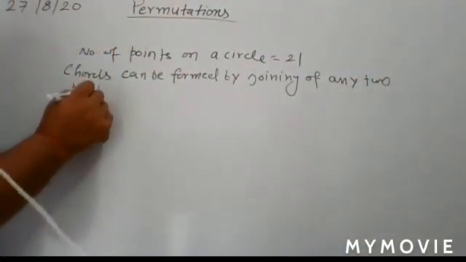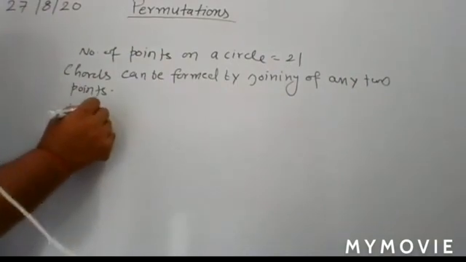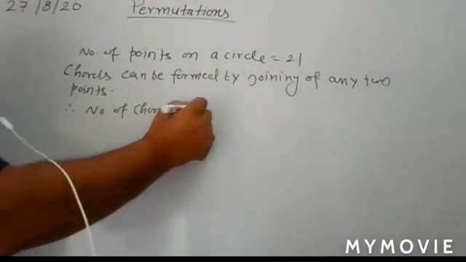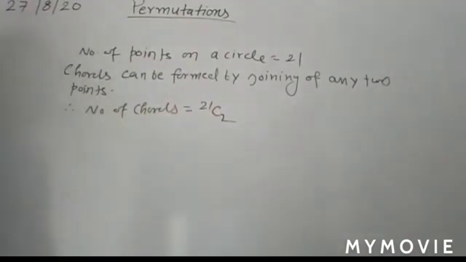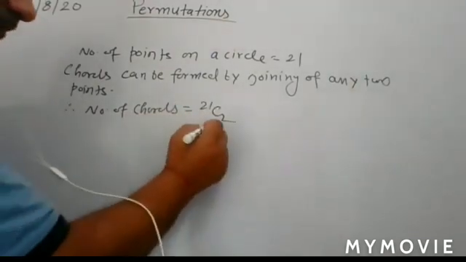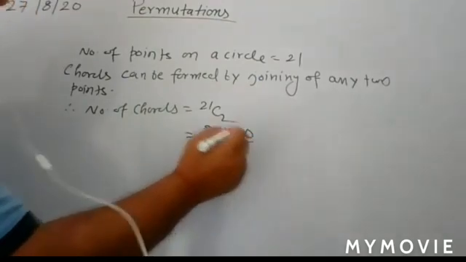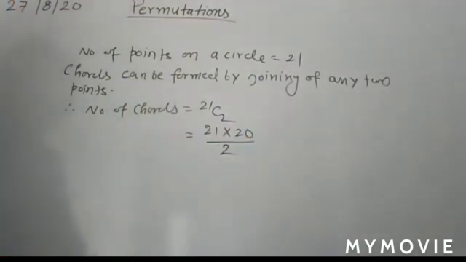Okay. So the number of chords is equal to 21C2. So 21C2 gives the number of chords here. If you simplify, you have 21 into 20 divided by factorial 2, and you know factorial 2 is 2.